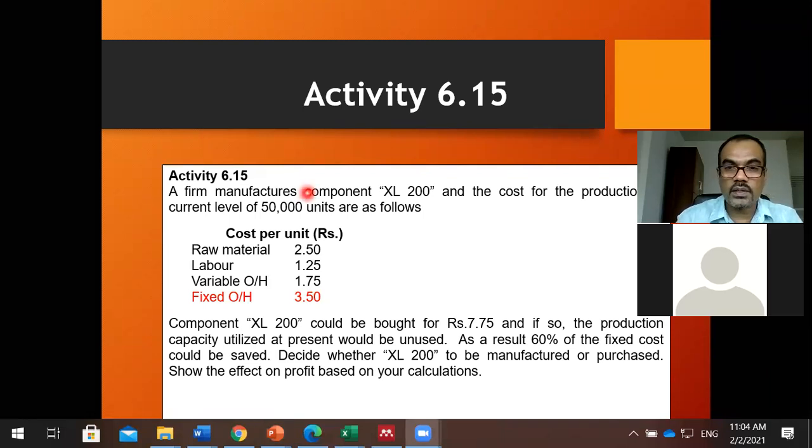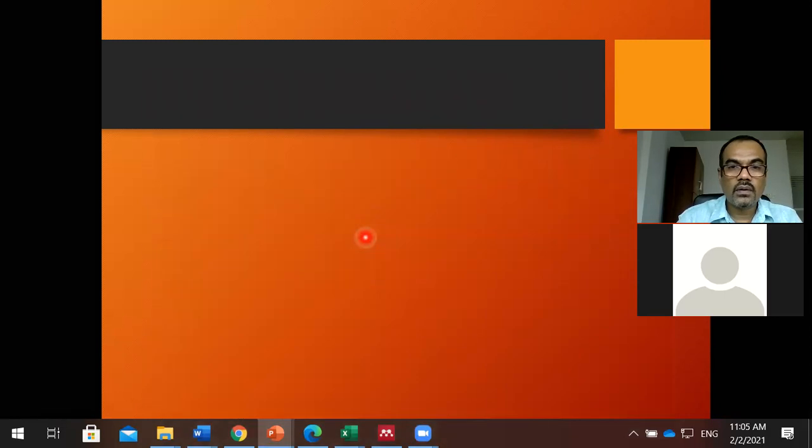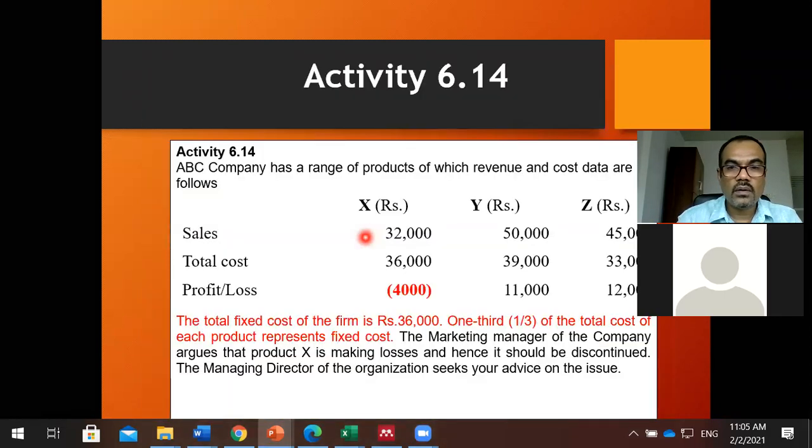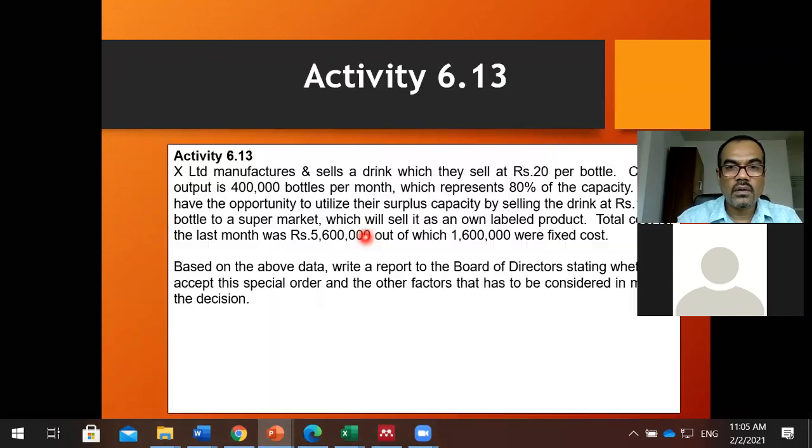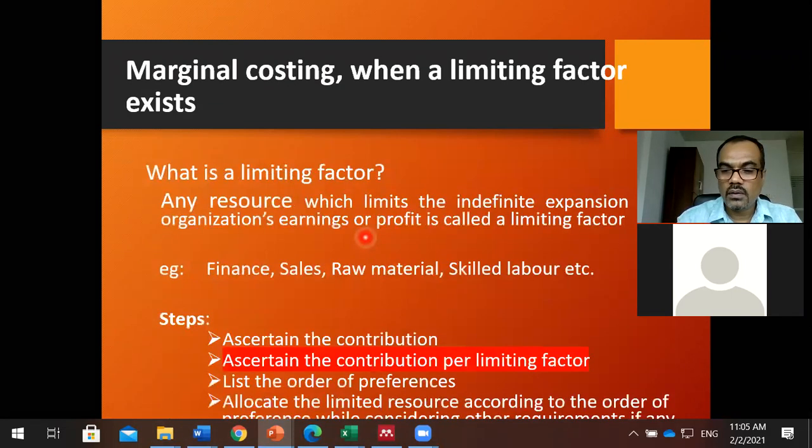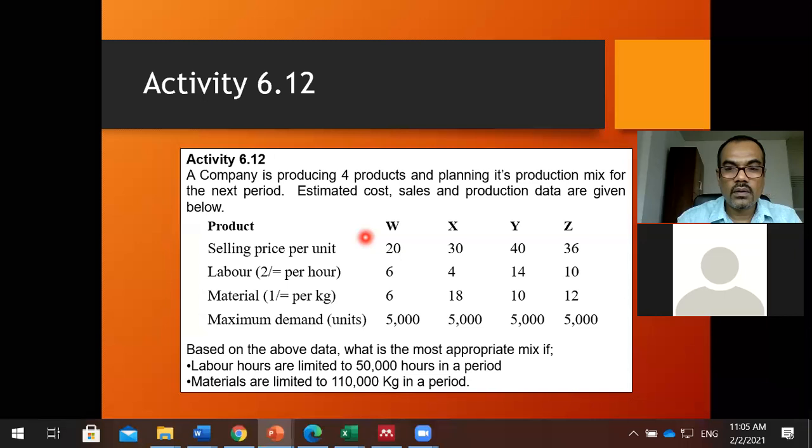Yes, someone is asking a question about 6.12. Yeah, what is the question? So, 6.12.